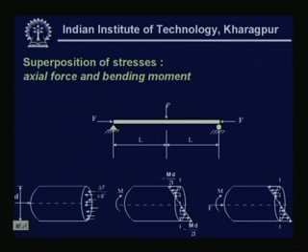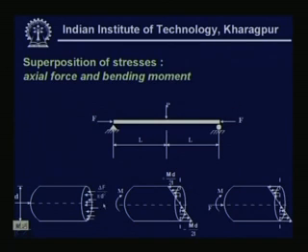Now, here also, as an example, we are seeing that an axial force and bending moment are acting onto a beam. This load P is creating a bending moment, and this force is an axial force.